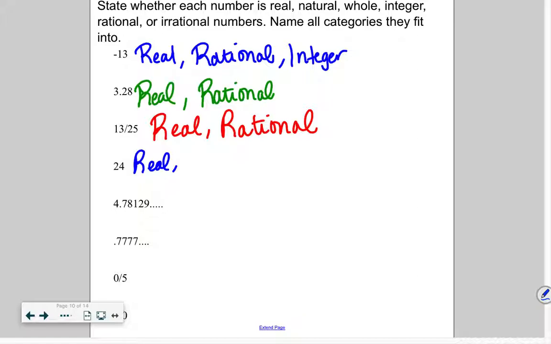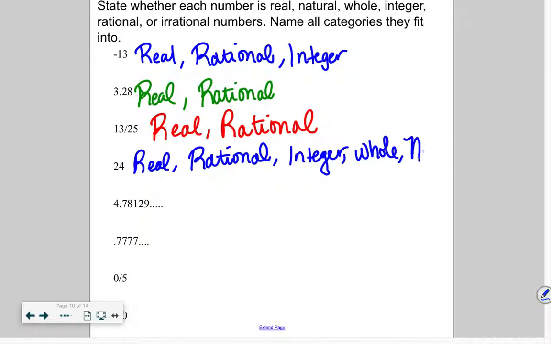Rational or irrational? Rational. Is it an integer? Yes, it is. Anything else? Whole and natural. Good. Real, rational, integer, whole, natural.